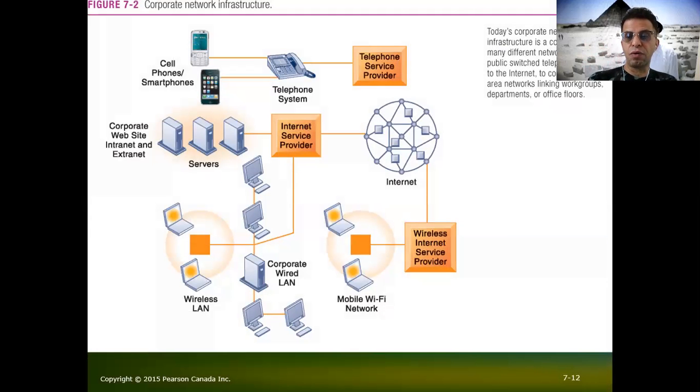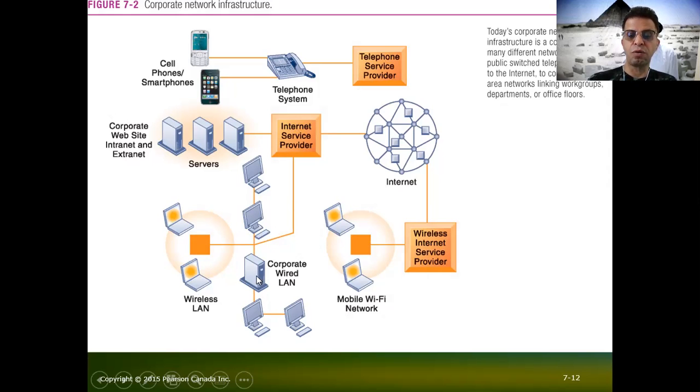So in general, what you have overall is made of different pieces. You have cell phones or smartphones and a telephone system, with a telephone service provider. On the other hand, you have your wireless laptops and PCs connected to wire.